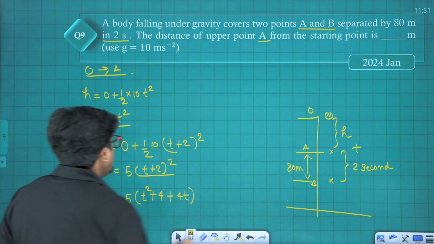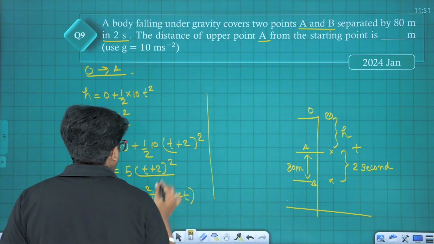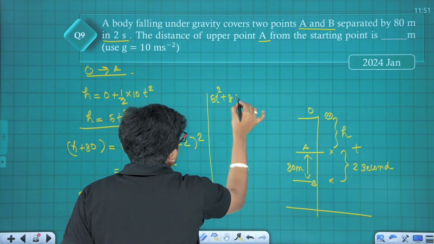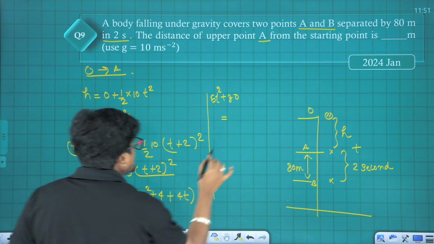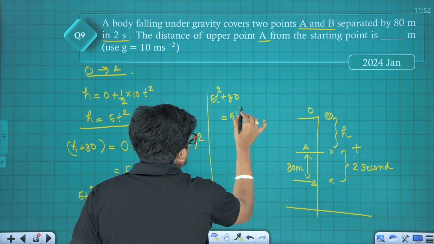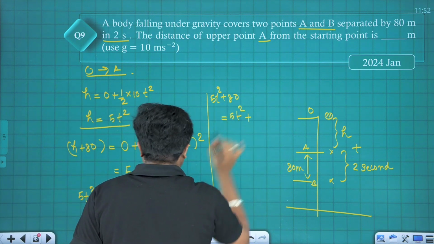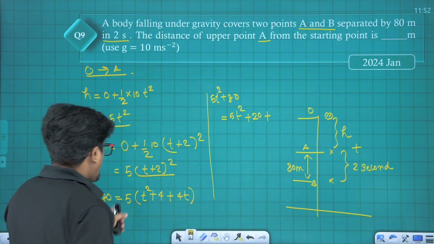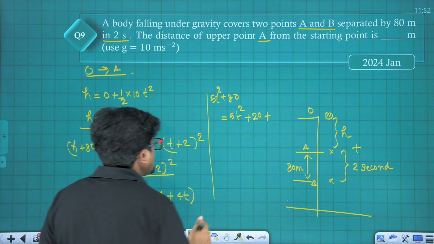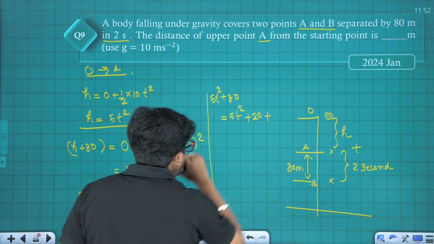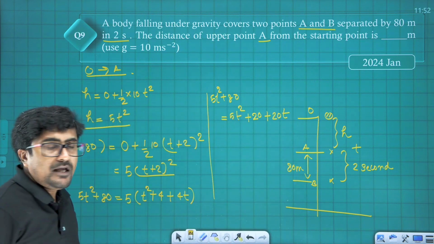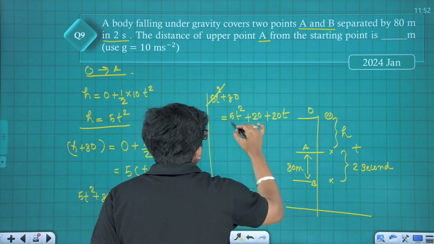If I open the bracket, this is going to be 5t square plus 80 is equal to 5t square plus 5 4s are 20, and 5 4s are again 20 times t. So 5t square and 5t square will cancel.